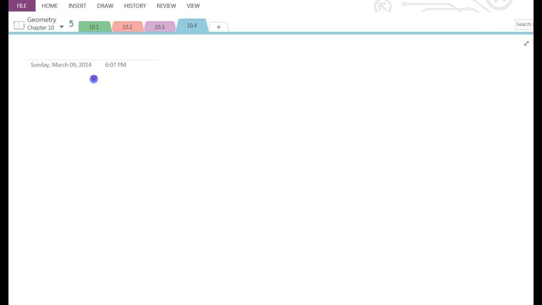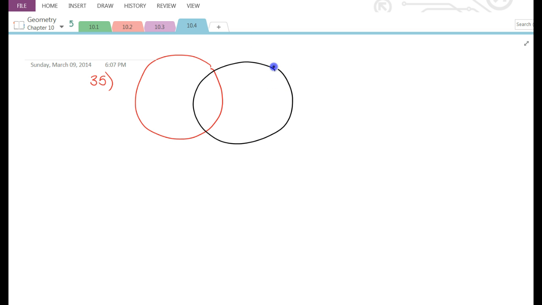Let's switch over to a new page. So in 35 we had that wonderful diagram. I'm going to do my best to sketch it without it getting too confusing. I'll do different colors.